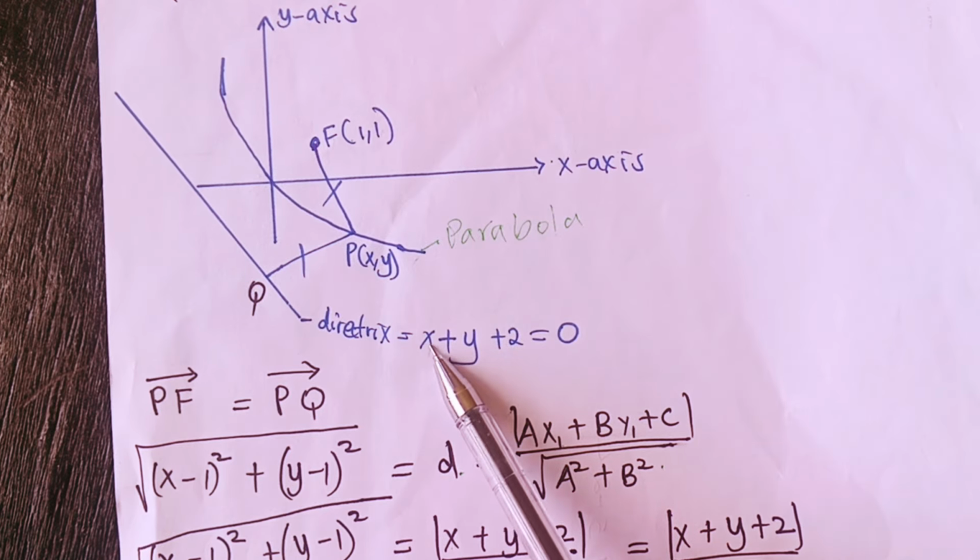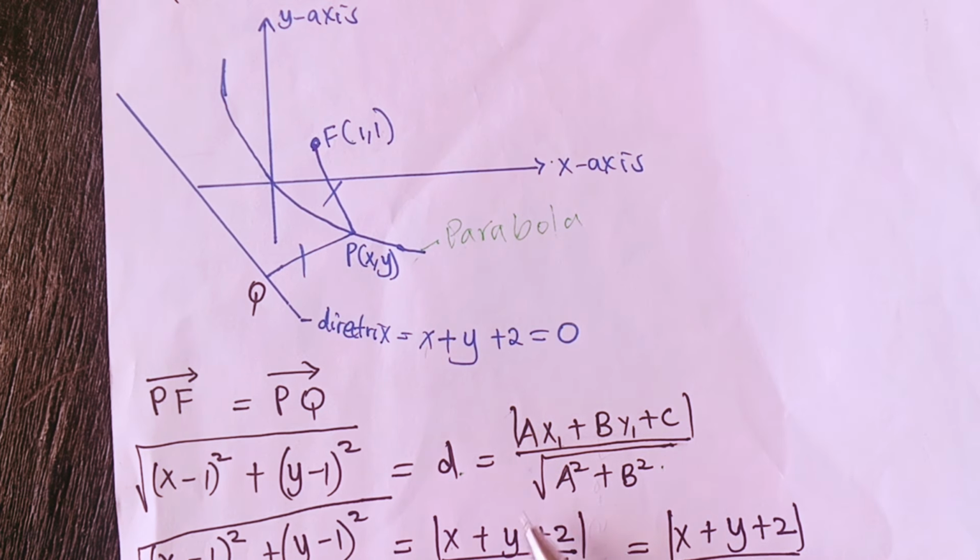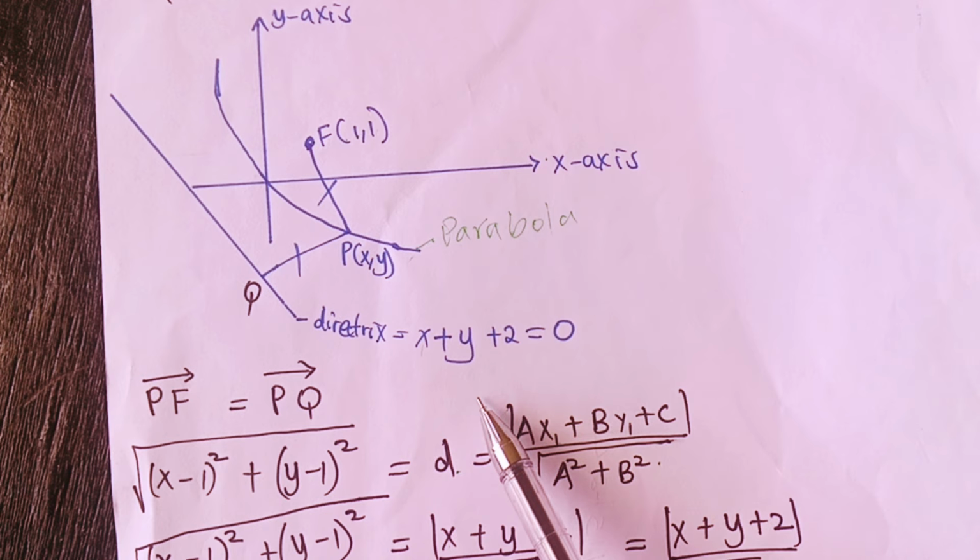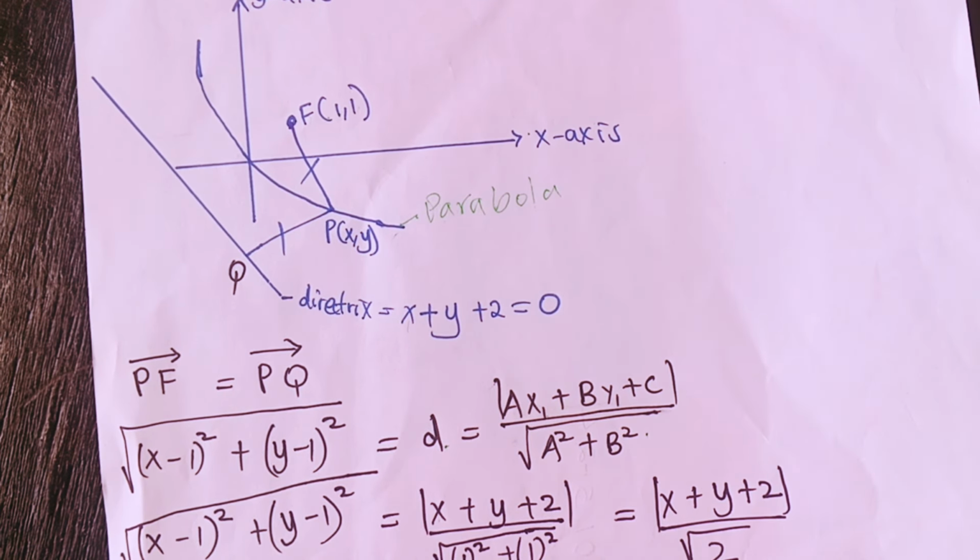I hope you understand. Here x plus y plus 2, we put into modulus, then the square root of a squared plus b squared will be the square root of 1 squared plus 1 squared. If you work on the denominator, it's going to be 1 plus 1, which is the square root of 2. Yep, we do the modulus of x plus y plus 2. This is the equation of the directrix.